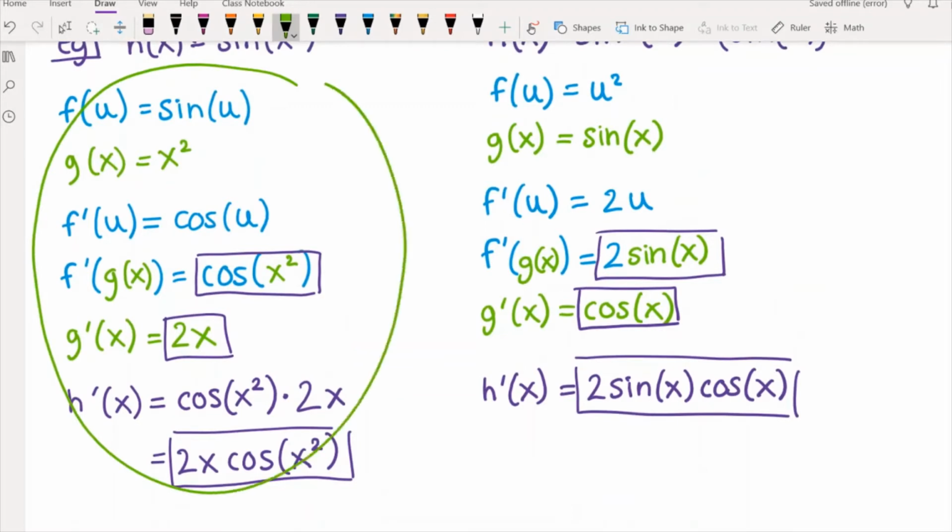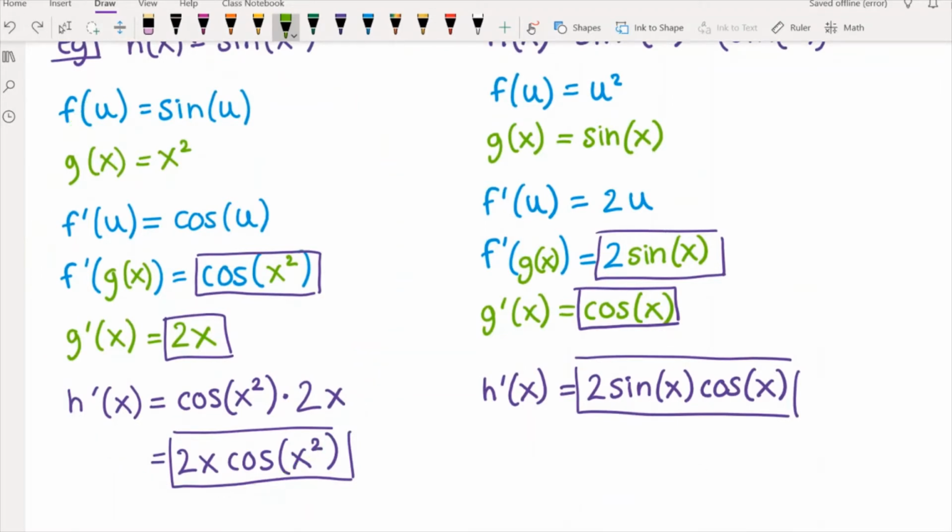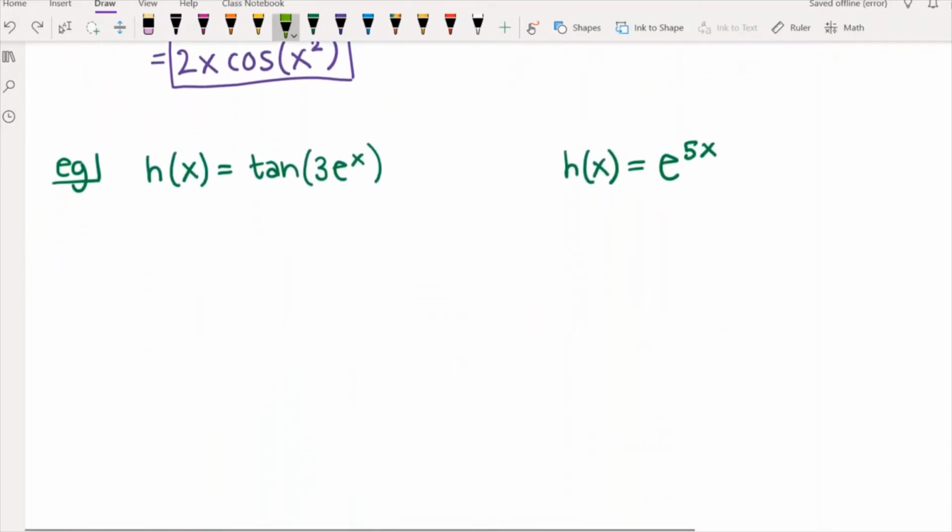Writing down all of this stuff can be really helpful, but I think eventually you're going to want to get to the point where you don't have to write all of it down, just because, especially when we're going to be blending the chain rule with other rules, there will just be too many different functions floating around for you to really name everything. Oh, that's f of x, that's g of x, you're going to run out of functions. So yeah, I'll write it out that way, but then I'll also kind of just talk through how I would do it without writing any of this stuff down.